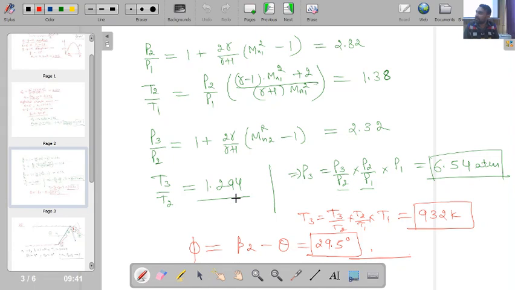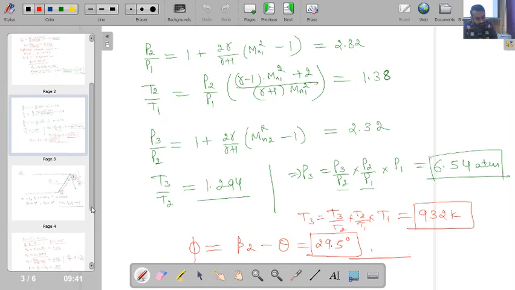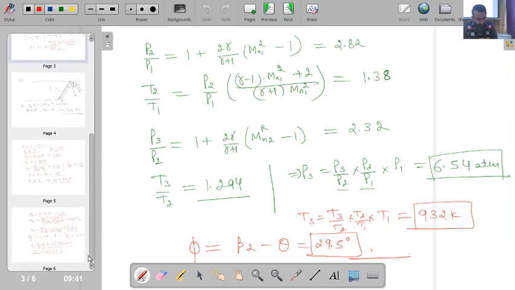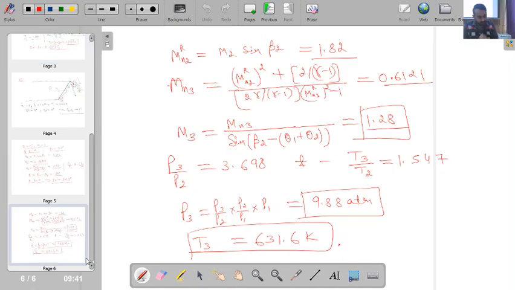So all of you are able to calculate this? Okay, so we have reached these two numbers, 9.88 atmospheric and 631.6 Kelvin. Does anyone have any doubt till this point? Okay, now let's try to see the next problem.